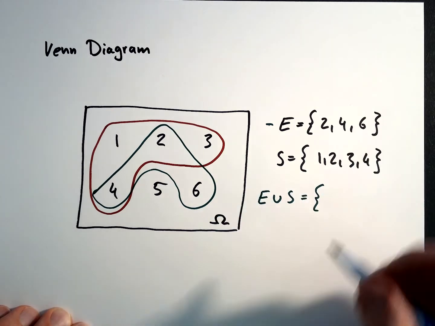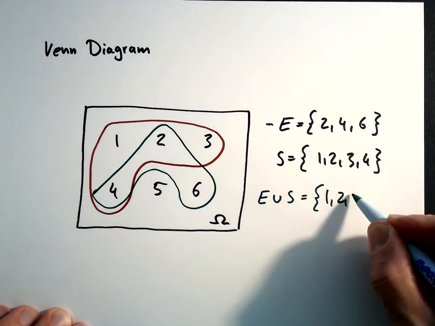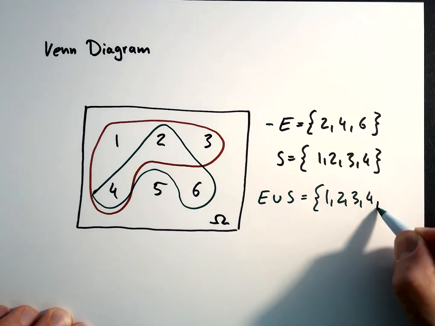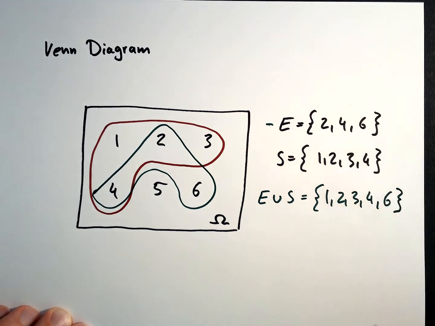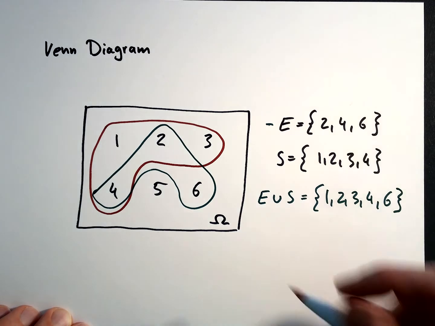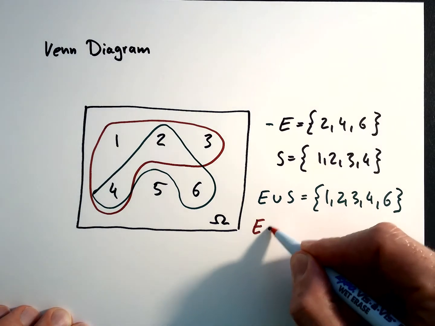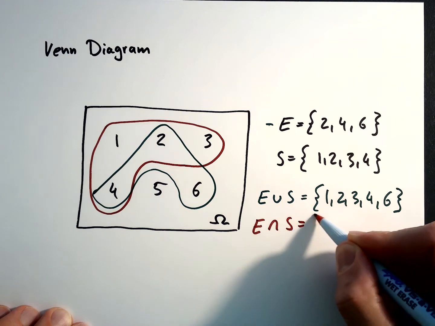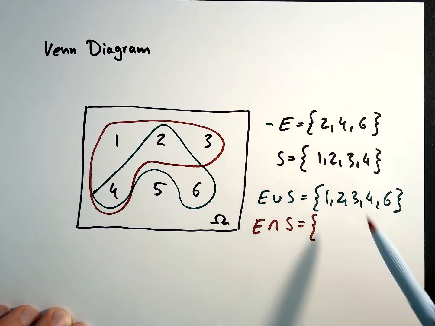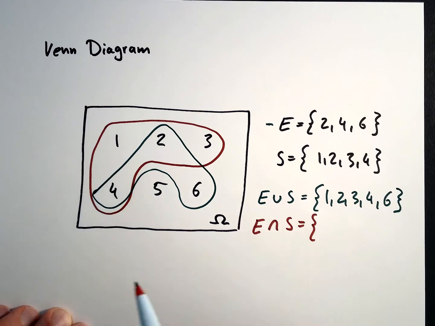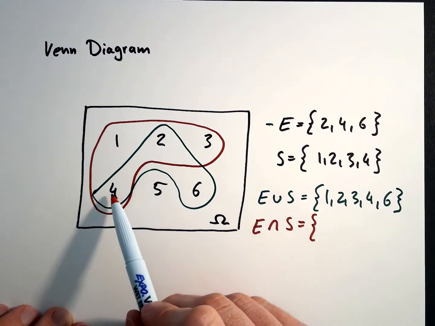So that would be 1, 2, 3, 4, and 6. And if we calculate the intersection, then that would only be the elements that are appearing in both sets. And that would be 2 and 4.